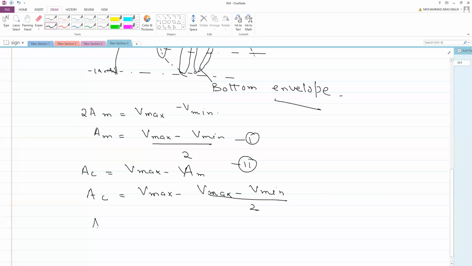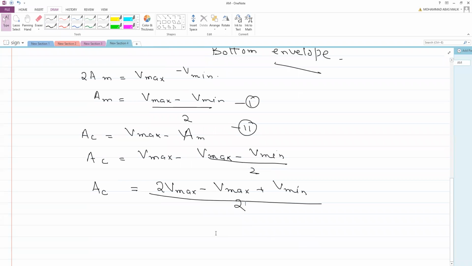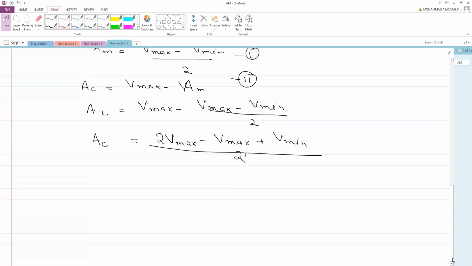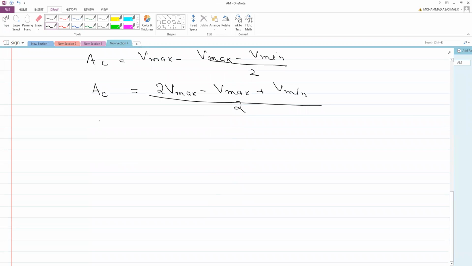Okay, sir. So just solve this equation. You will get (2 V max minus V max plus V min) divided by 2, right? Then further on simplifying, you will get AC is equal to (V max plus V min) divided by 2.